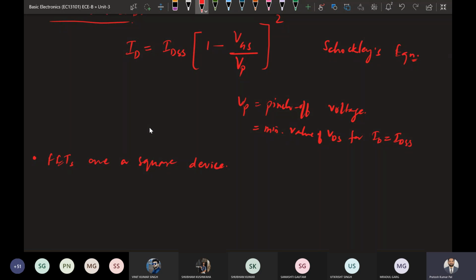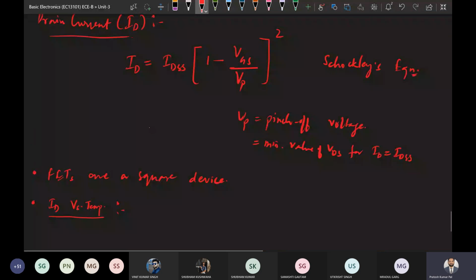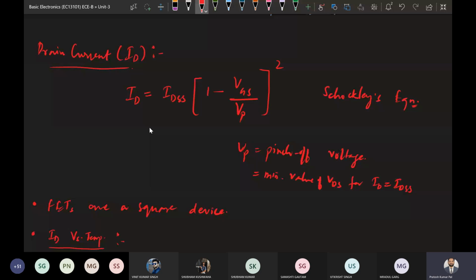Also here, if we are going to increase the temperature, then what is the relation between temperature and ID? If we are going to plot temperature versus ID, in BJTs when we increase the temperature, the majority carriers were almost constant, but the minority carriers were increasing very rapidly.